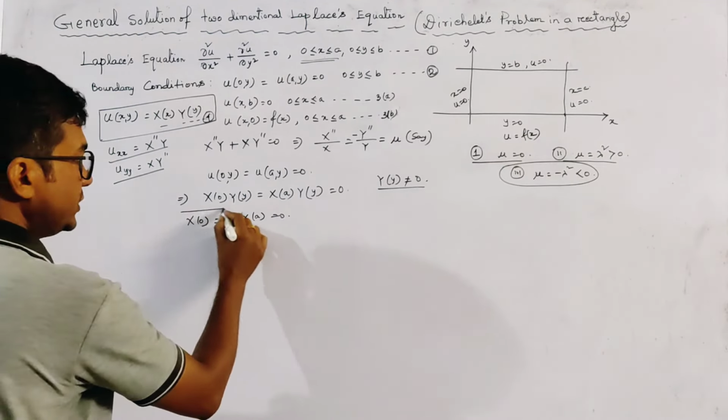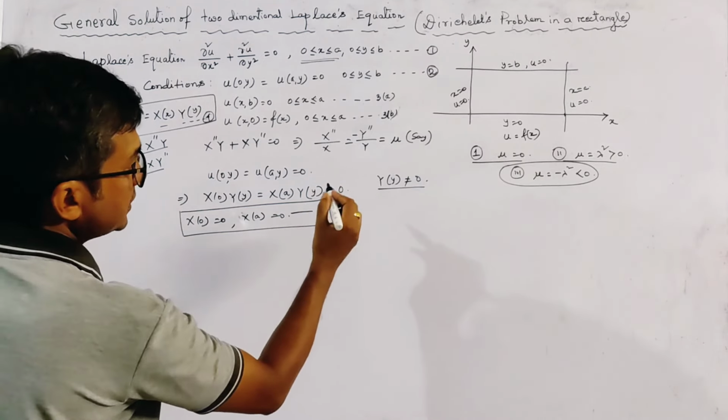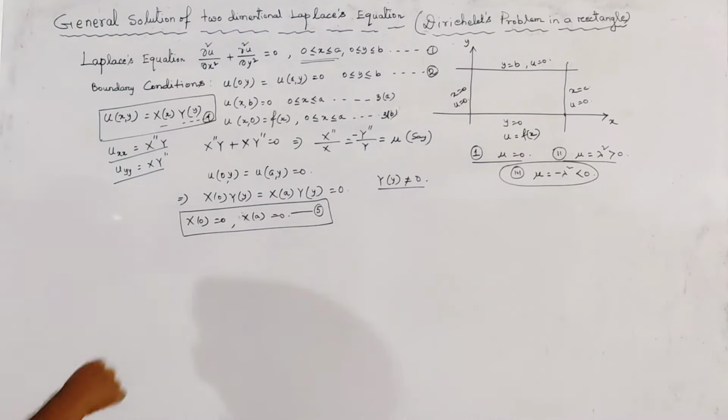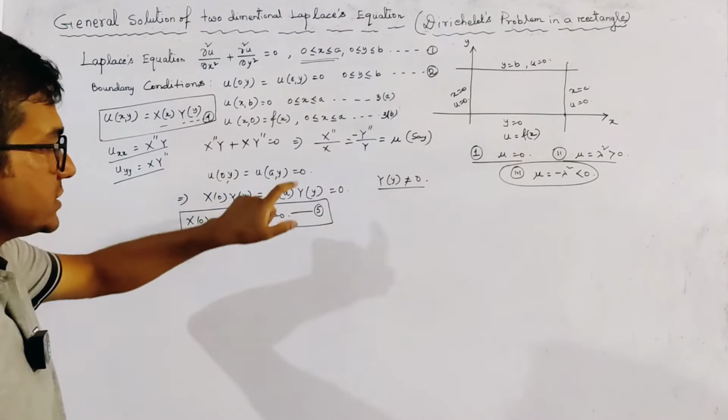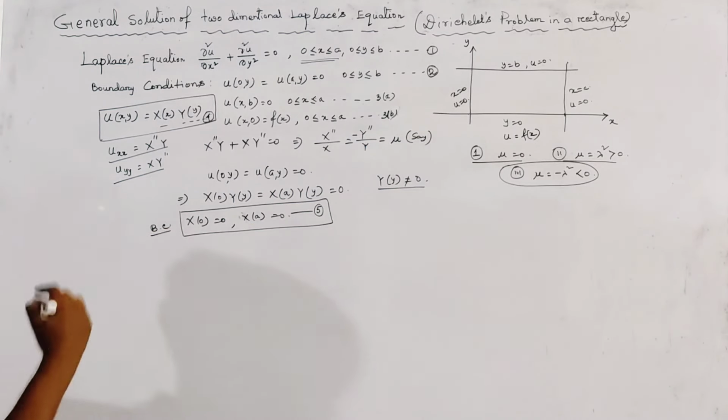We name these two relations as relation number 5, and we use relation number 5 in place of relation number 2 as the boundary conditions.